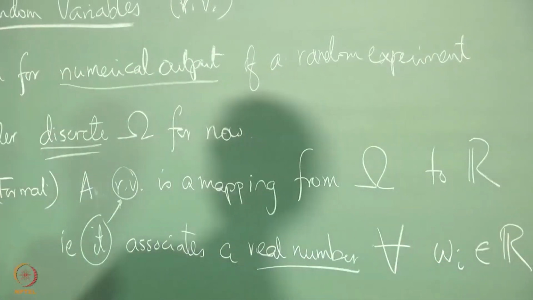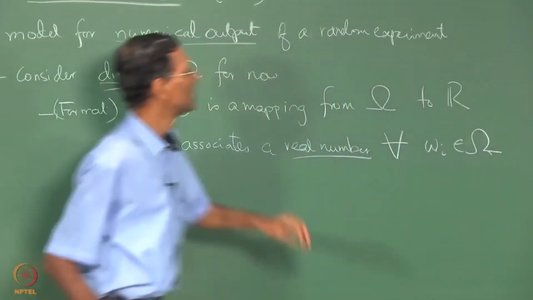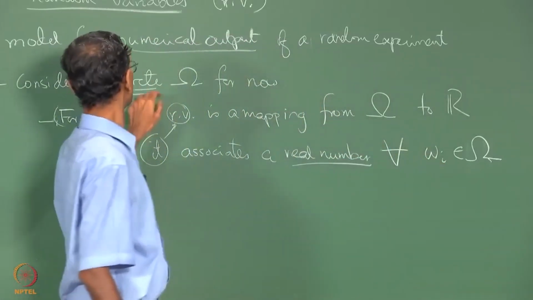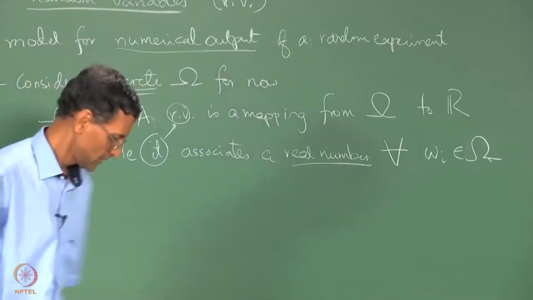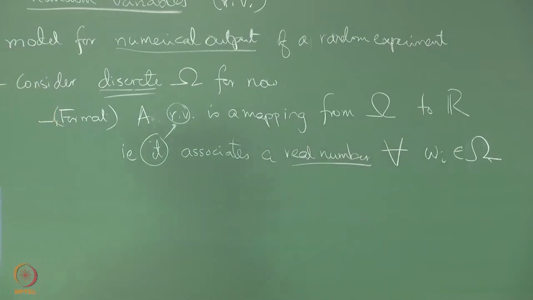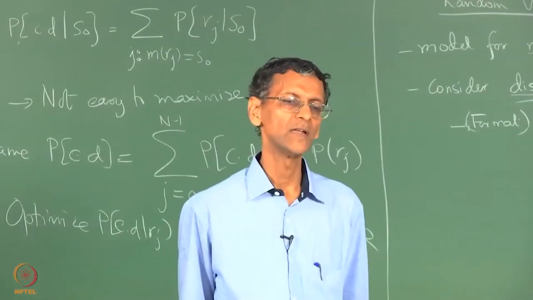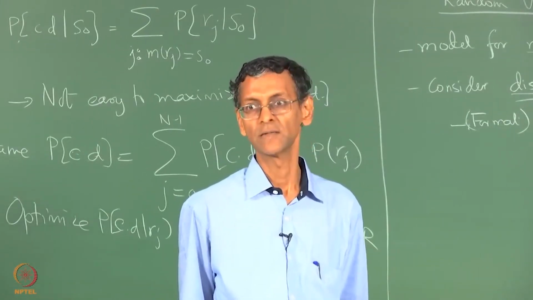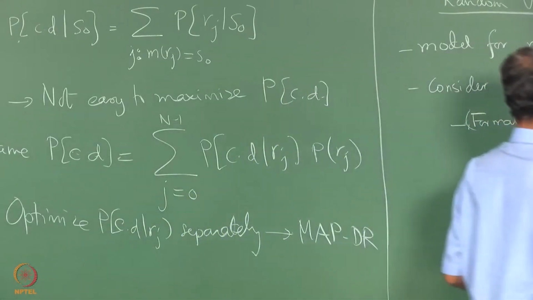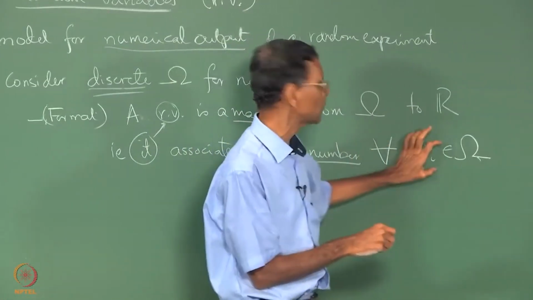Now I can say omega i because I have said that the space has to be discrete. I cannot use an i to index a sample point if the space is not discrete, if it is continuous or uncountable. So it's a mapping, so it has to be applied to every omega i.